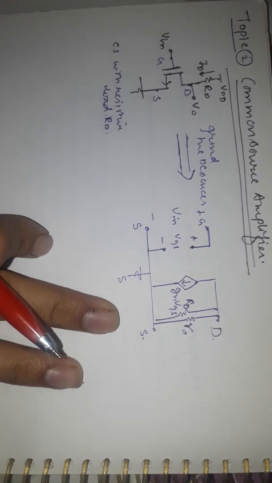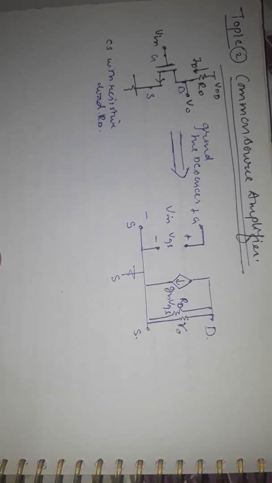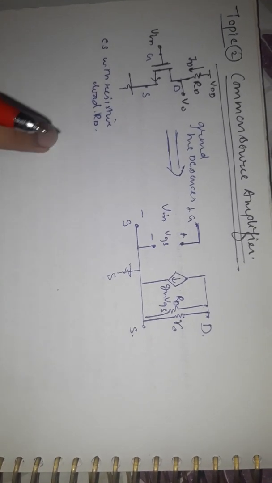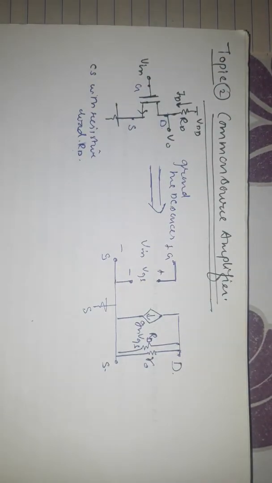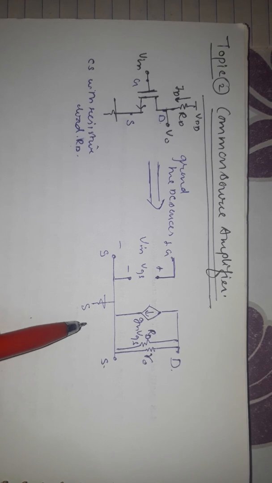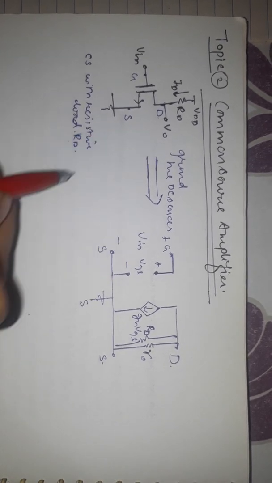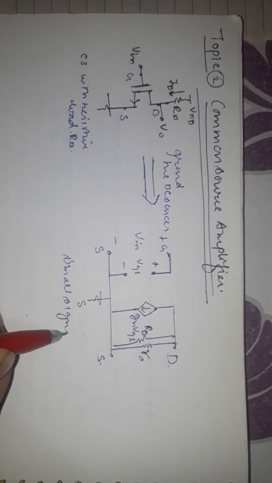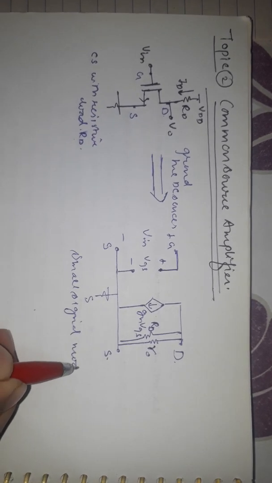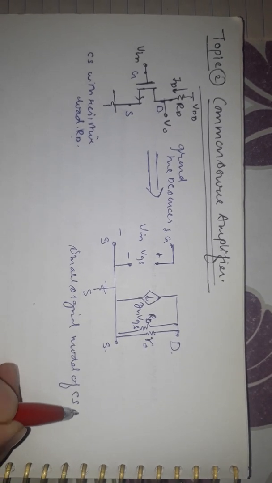This is the equivalent circuit of the common source amplifier, in the similar fashion as we have done in topic 1. It is a small signal model of this common source amplifier.